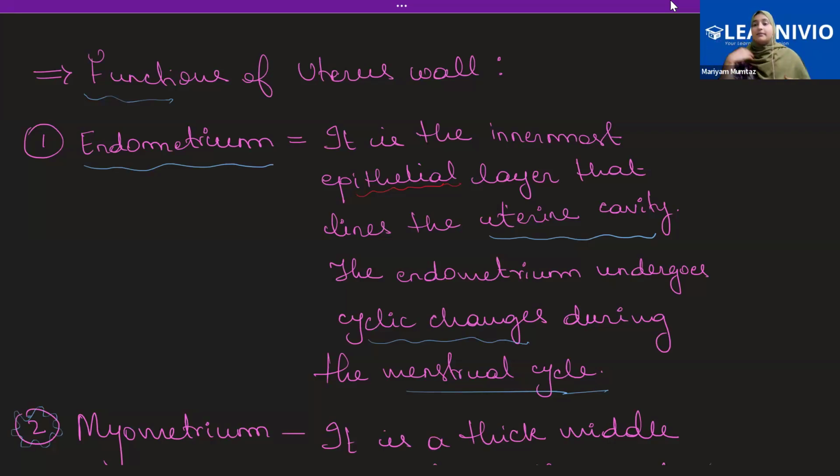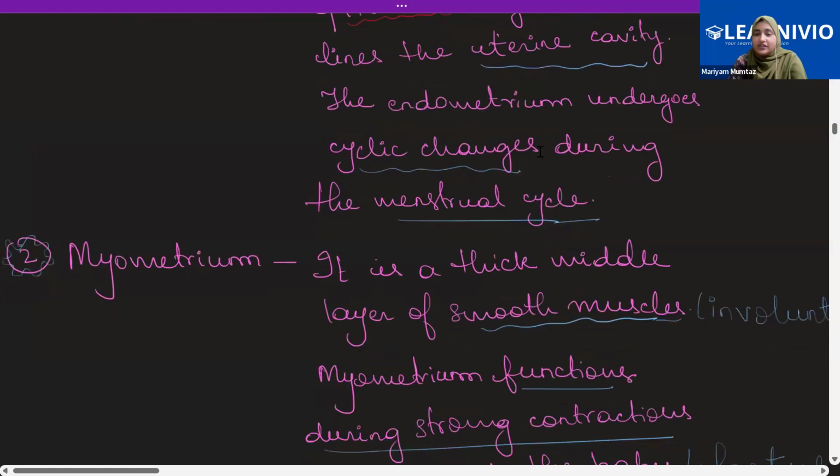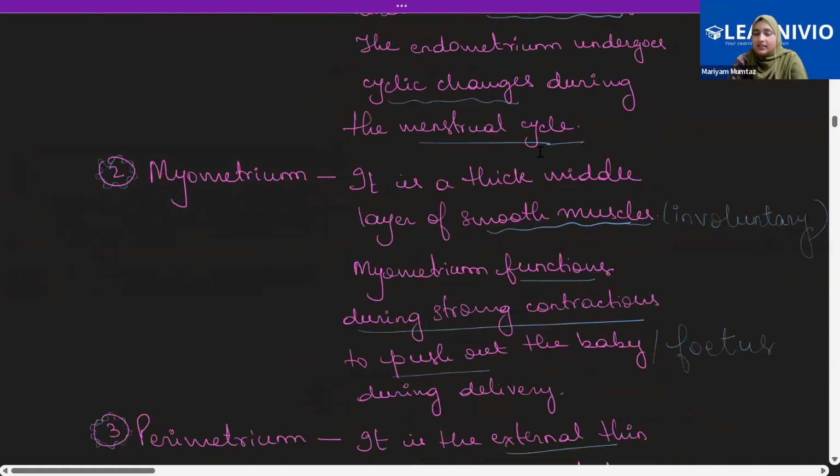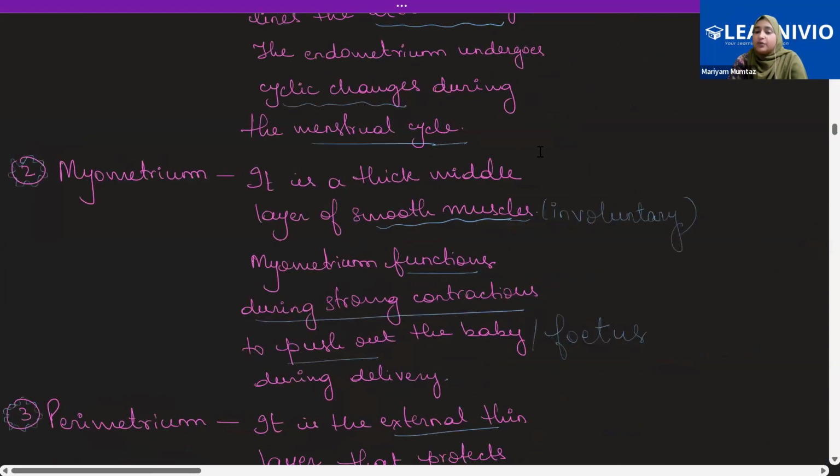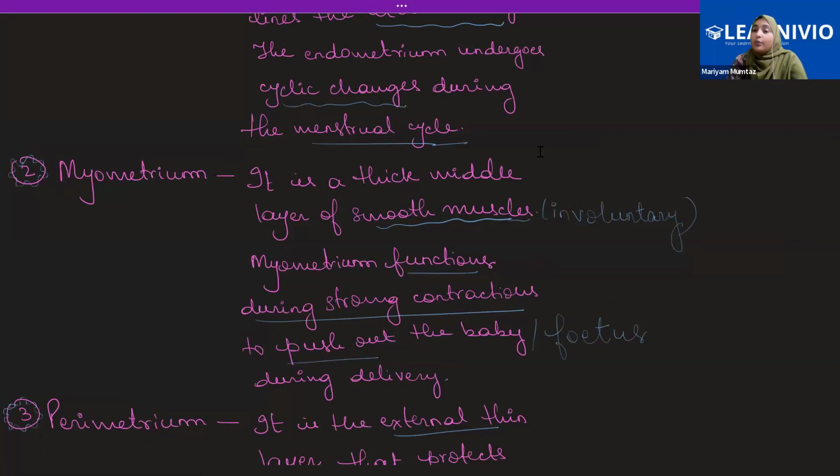After that comes the myometrium, which is the middle layer. It is a thick middle layer of smooth muscles. Smooth muscles are those muscles which are not under our control, right? We cannot regulate them.